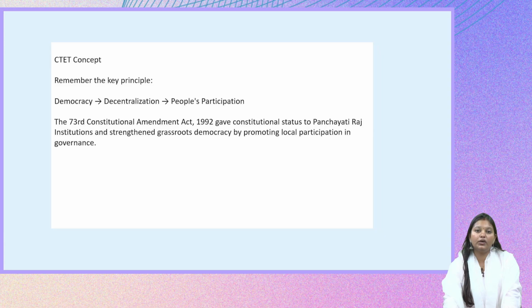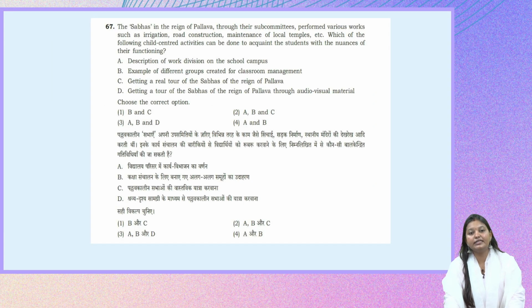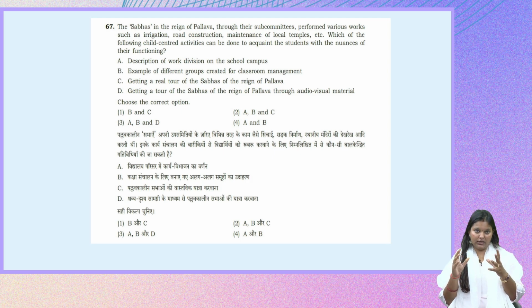Now, the next question: the Sabhas in the reign of Pallava, through their subcommittees, performed various works such as irrigation, road construction, maintenance of local temples, etc. Which of the following child-centered activities can be done to acquaint the students with the nuances of their functioning? You have to read the question carefully.